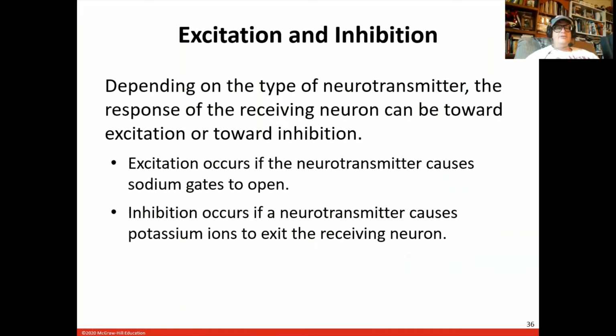Depending on the type of neurotransmitter, the response you get could be exciting or inhibiting. Like, what the heck with the inhibiting? Well, suppose you're an interneuron and you're getting signals from this sensory neuron and this sensory neuron and this sensory neuron. It's very possible to have one say do something and another say, no, not yet.